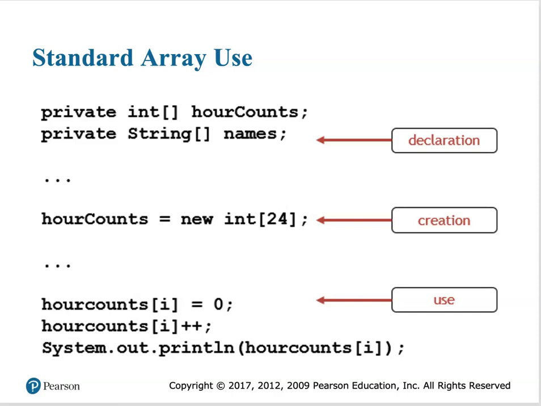When we create the array, we use the new statement, the name of the data type, and then how many of those items is the most that we can store in there. And then when we use the array, we can use a value from 0 up to 1 minus the size of the array that was declared inside of the square brackets to get at an individual slot.